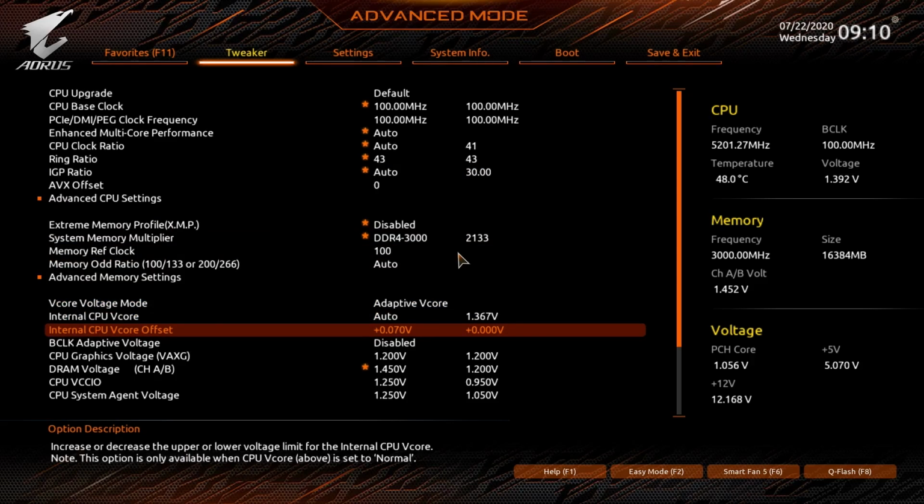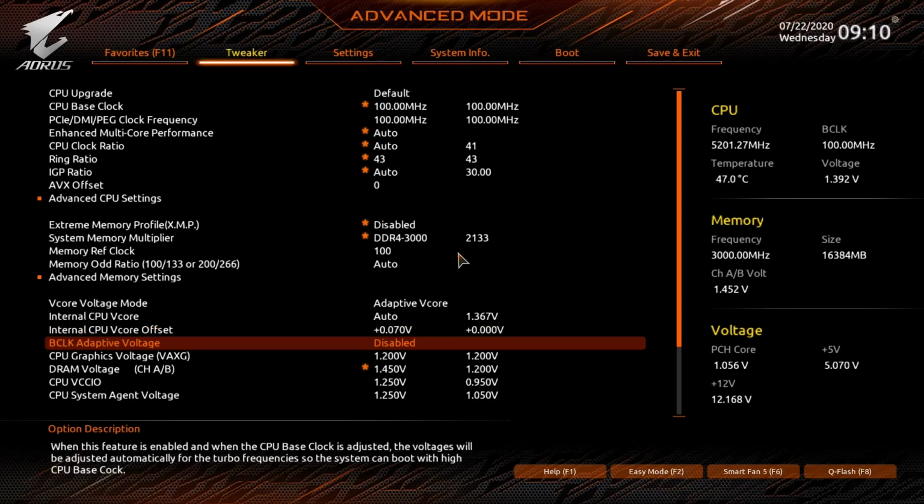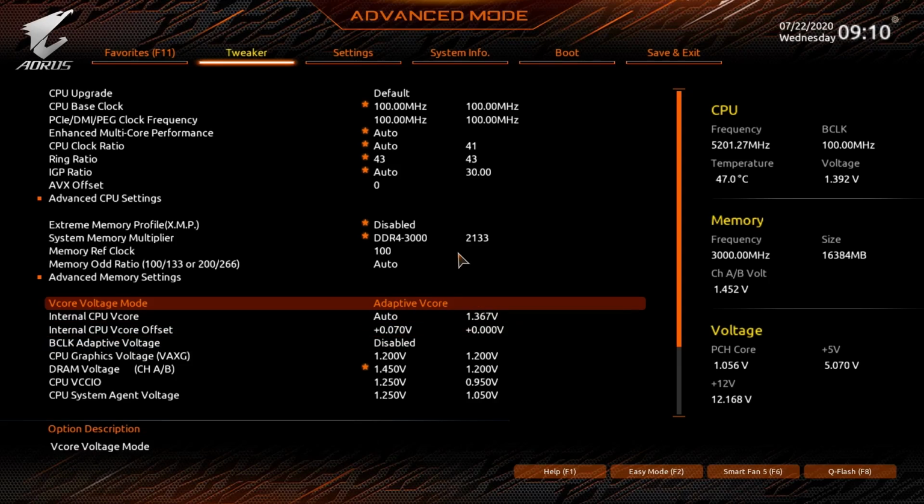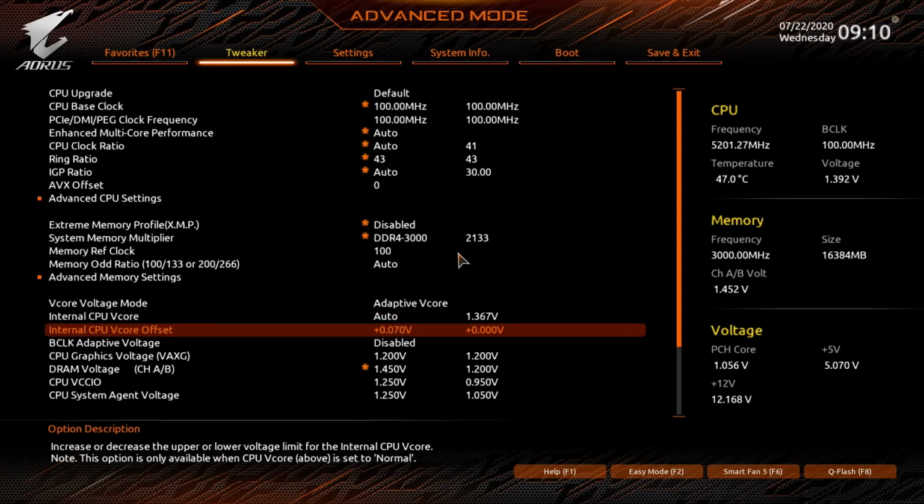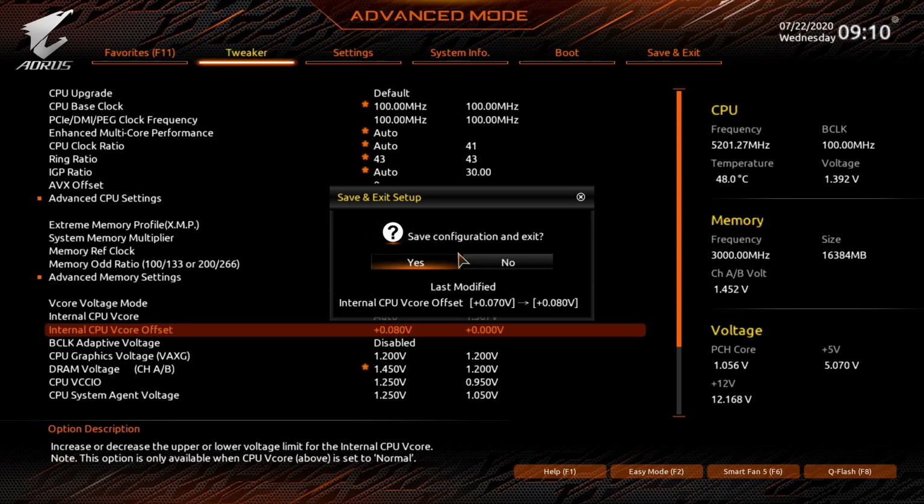All right. Well, let's try a little bit more. Eventually we're going to have to stop here. Surprised. I thought we'd be able to get 5.2 at least to boot.